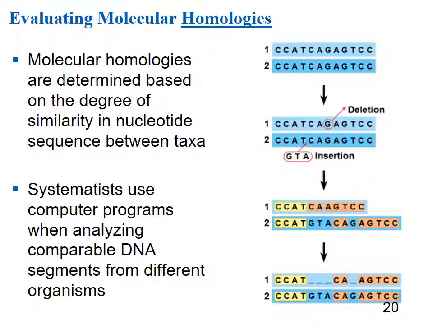The figure here is showing two DNA sequences that at first glance might not appear that similar, but if the first sequence had a deletion and the second sequence had a triplet inserted, the sequences are actually pretty similar.